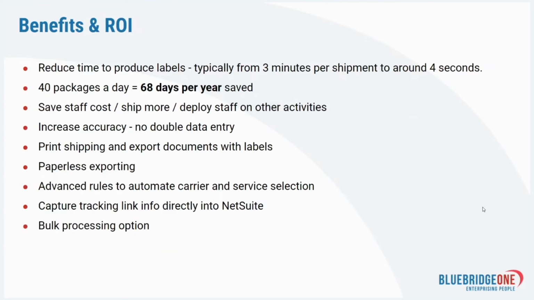So if you're using multiple carriers and services, then OneShip can be configured to select those for you based on your rules, to avoid the need to manually select that on each fulfillment. So further driving efficiency. And as I mentioned before, it captures tracking data in the appropriate records in NetSuite.